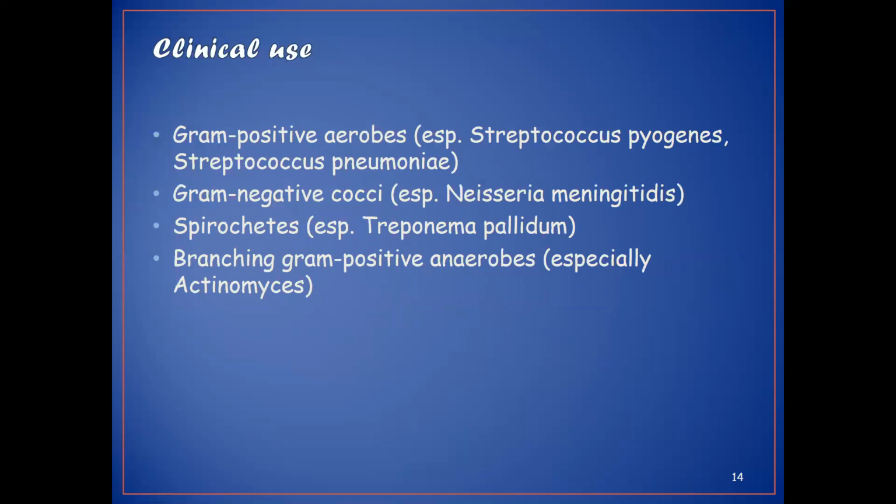Clinical use of natural penicillins includes gram-positive aerobes, especially Streptococcus pyogenes and Streptococcus pneumoniae, gram-negative cocci, especially Neisseria meningitidis, spirochetes, especially Treponema pallidum, and branching gram-positive anaerobes, especially Actinomyces.